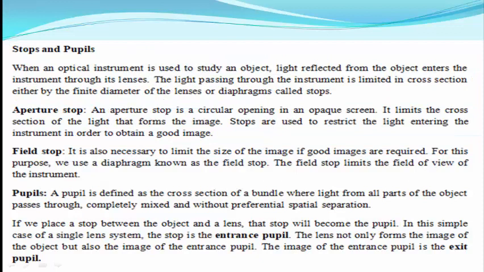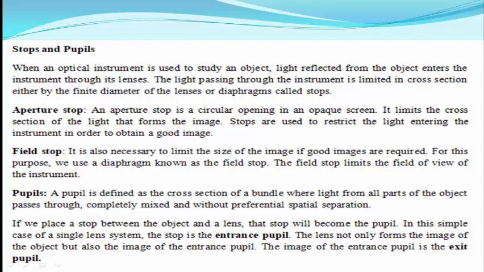Stop and pupil. When an optical instrument is used to study an object, light reflected from the object enters the instrument through its lenses. The light passing through the instrument is limited in cross section either by the finite diameter of the lenses or by diaphragms called stops.